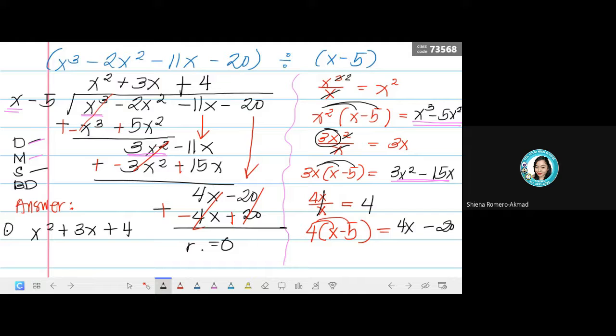So this is the quotient. Okay? So the quotient is equal to x squared plus 3x plus 4. Sabi ko, usog ko lang na para hindi awkward tignan. Pero awkward pa rin pala. Ayan.